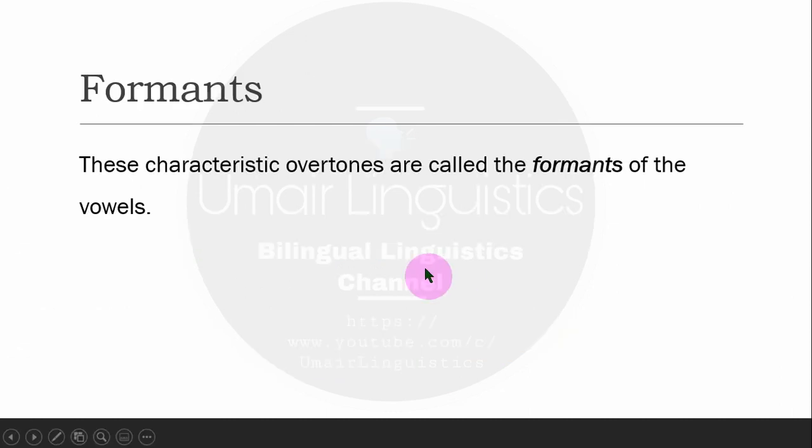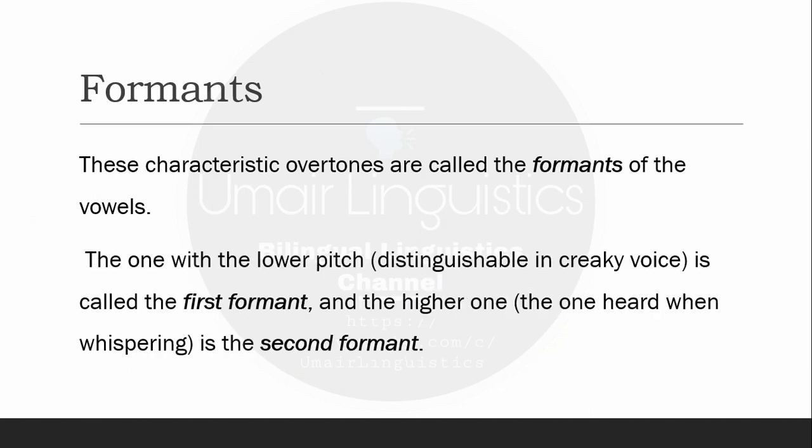These characteristic overtones are called formants, the high pitch and the lower pitch. The one with the lower pitch is associated with creaky voice, and we call it the first formant, and the higher one, the one which we heard while whispering, is the second formant. So whispering has the higher pitch and creaky voice has the lower pitch.